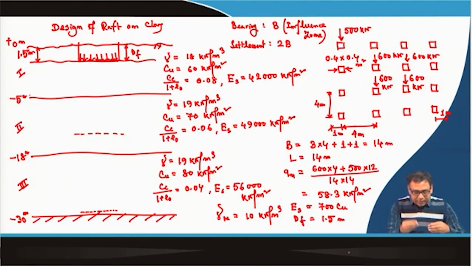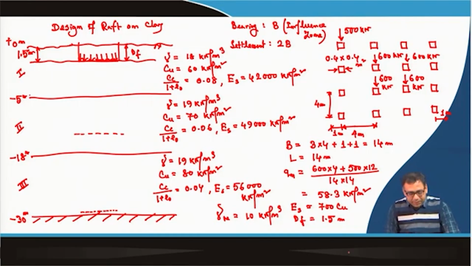Okay, in the first layer Cu value is 60 kilonewton per meter square, where the first layer is 3.5 meter, but the maximum part is in the second layer, because 3.5 is in the first layer out of 14 and around 9.5 is in the second layer. So, the majority part is in the second layer, and the second layer Cu is 70 kilonewton per meter square. So, now what to do?